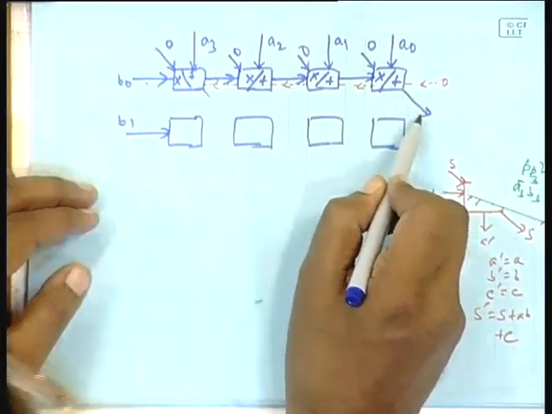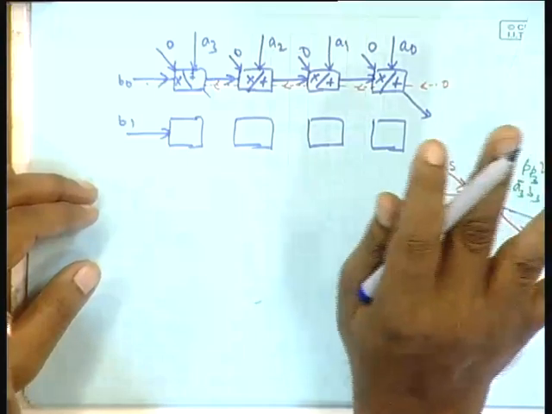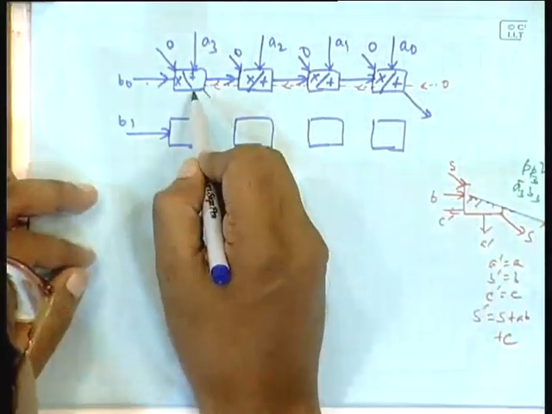B0, A0 will be discarded, truncated out, so I am not bothered.